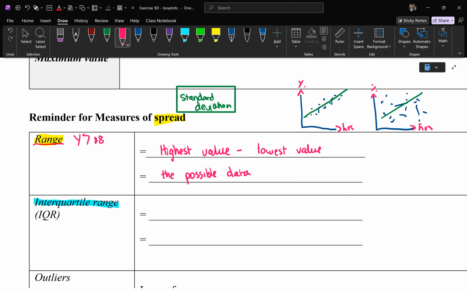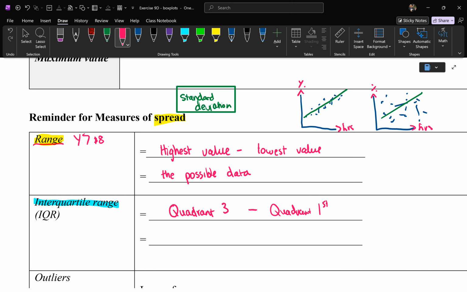Good. So we got the third quadrant minus the second quadrant. But what does this mean? Oh, sorry, first quadrant. What does this mean? Anyone remember?